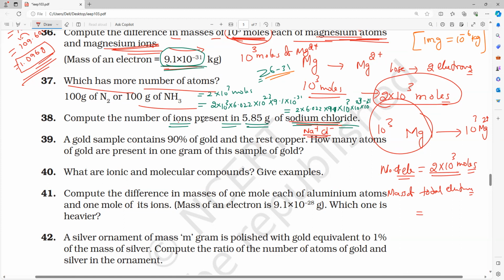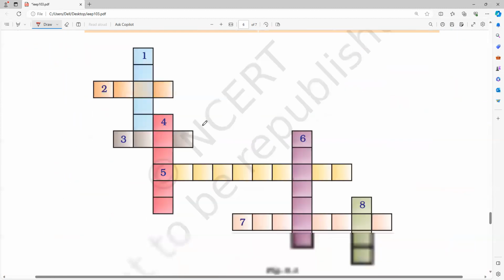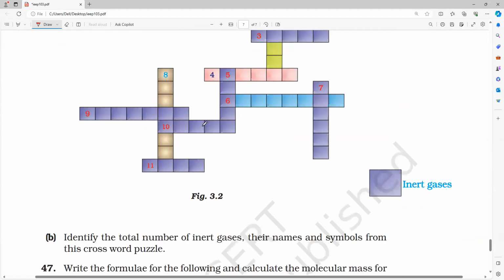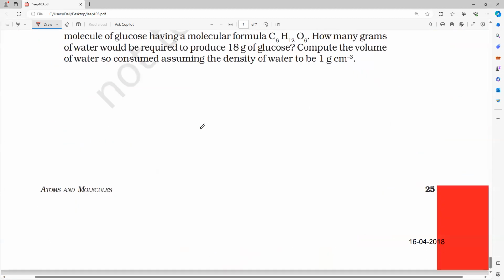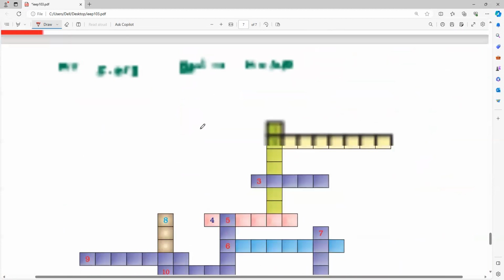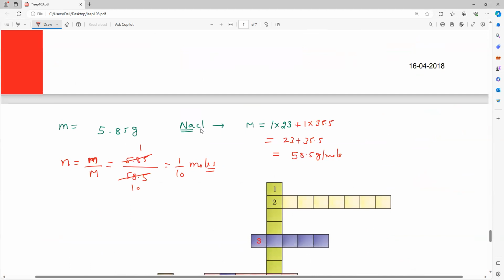NaCl, Na plus ions and Cl minus ions. So one molecule of NaCl contains how many ions? One Na ion and one Cl ion. Totally how many ions, guys? Two ions.